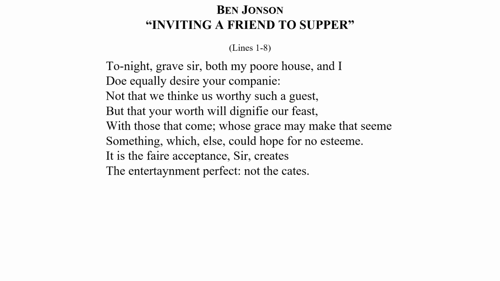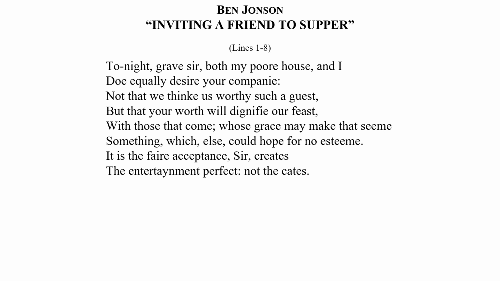And Ben Jonson, who actually translated some of Horace's poetry, including Horace's The Poetic Art, Ars Poetica, was very familiar with Horace and is probably drawing on that style in inviting a friend to supper. In fact, he even mentions Horace in the poem. All right, so let's take a look.